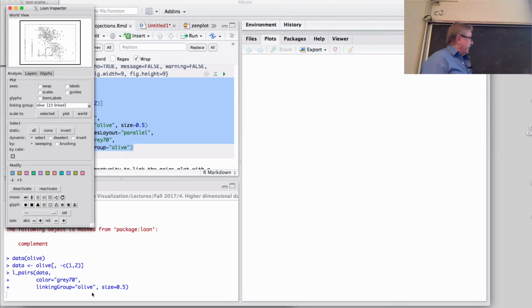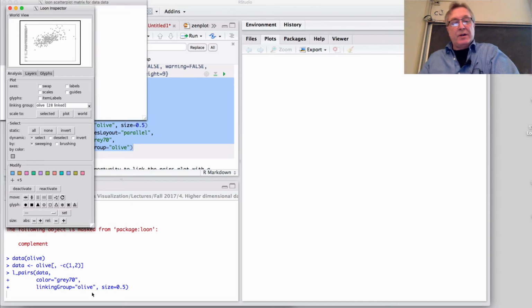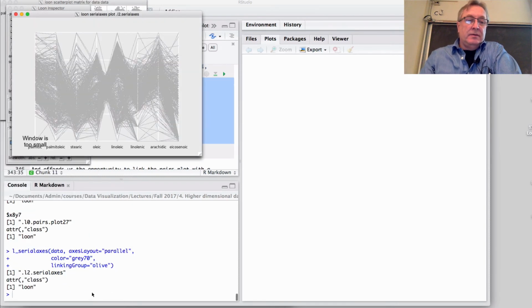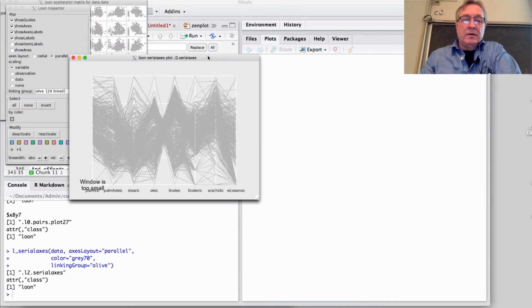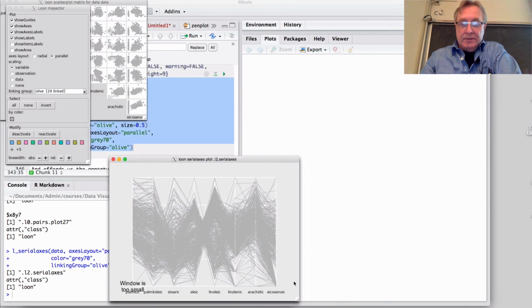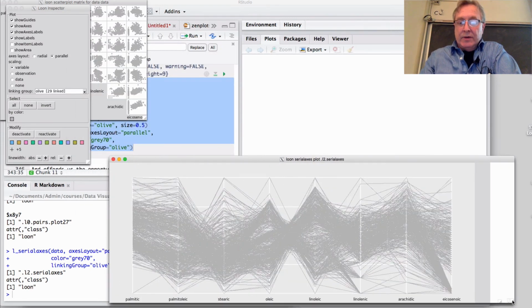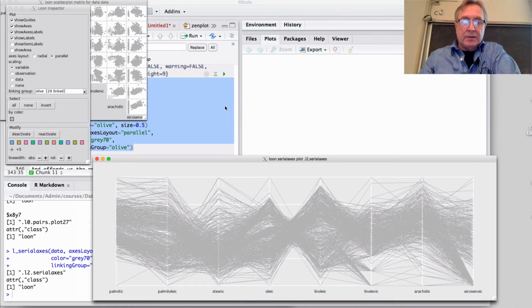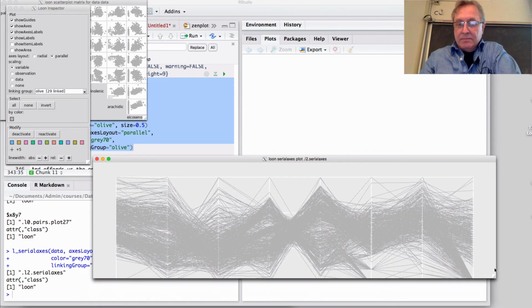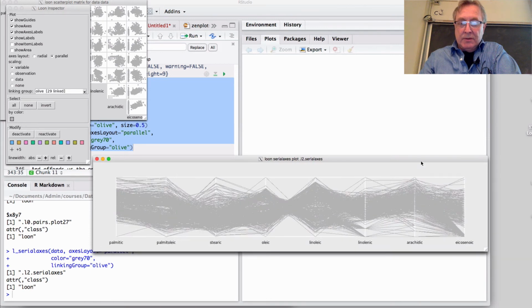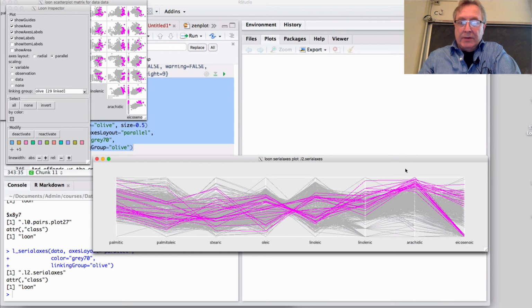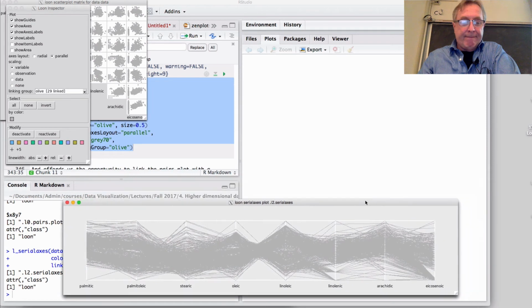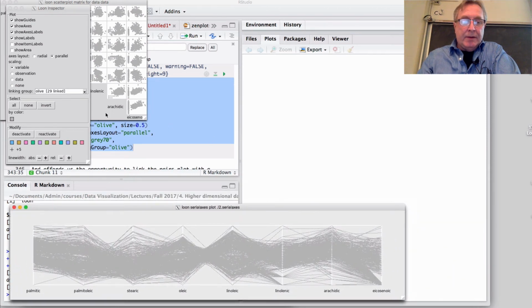So in Loon, it's an L underscore pairs as opposed to a pairs plot. And you can have a lot of things. So we've got now a serial axis, parallel axis plot. I'm just going to make this a little bit smaller. Again, a reason to have a big screen. And the pairs.